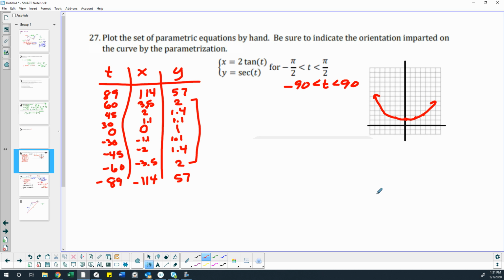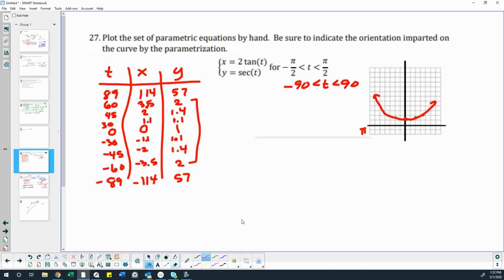Does that make sense? Because it's going to a really big number. However, it's going forever because this is 89 and it's going up to but not including 90. So it honestly has asymptotes at negative 90 and positive 90. I guess the actual 90 or pi halves isn't on our graph.